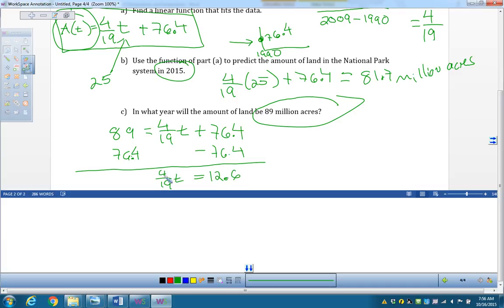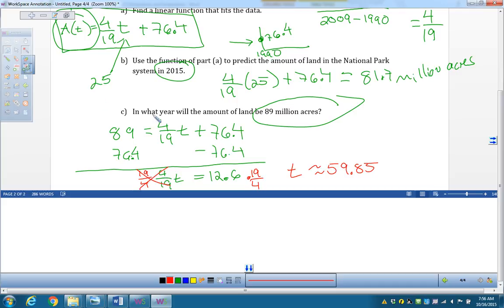How do I get rid of this 4/19ths over here? Multiply by 19/4, right? Multiply by the reciprocal. Thank you, David. So I'm going to multiply by the reciprocal. And if I do that, this goes away, see? And I get t is about equal to 59.85.